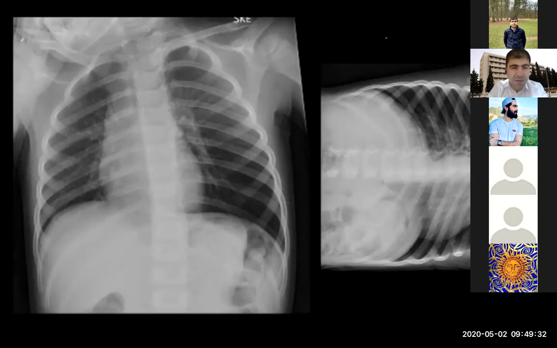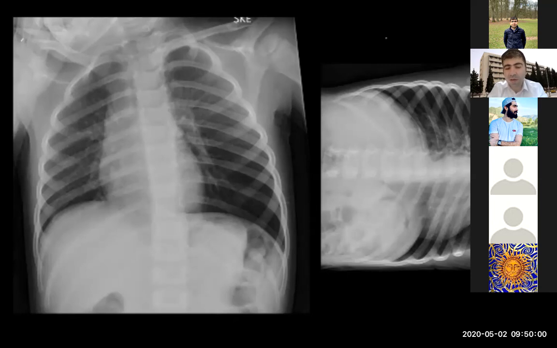And there is some sort of density here, which is very unclear, actually. So we made the decubitus to make sure is there any difference. The age is 1.5 years, coming for dyspnea and cough. So we made the decubitus X-ray.